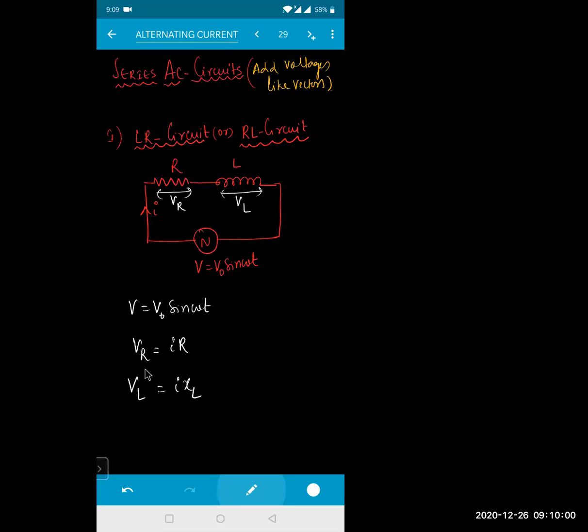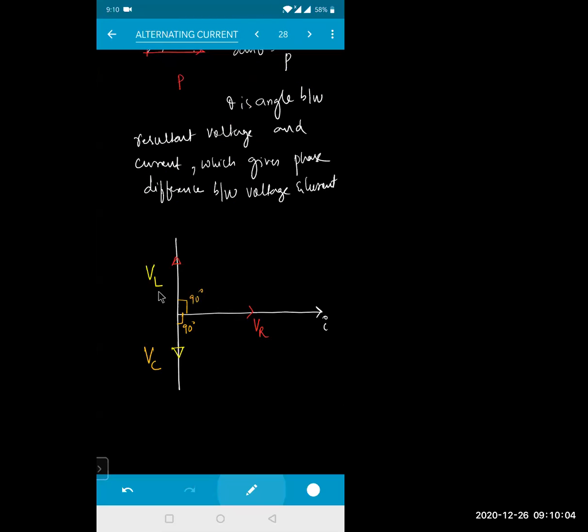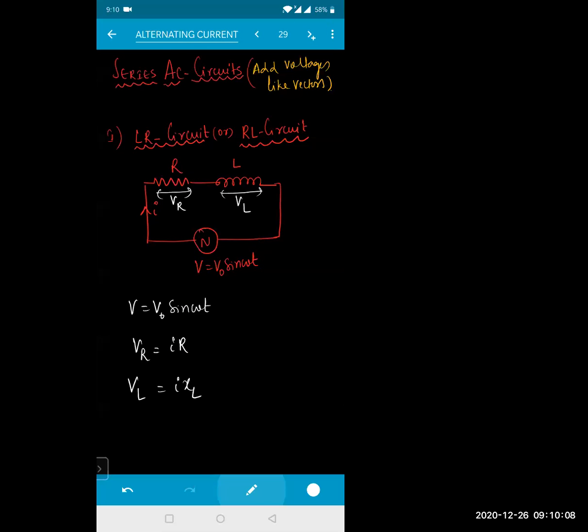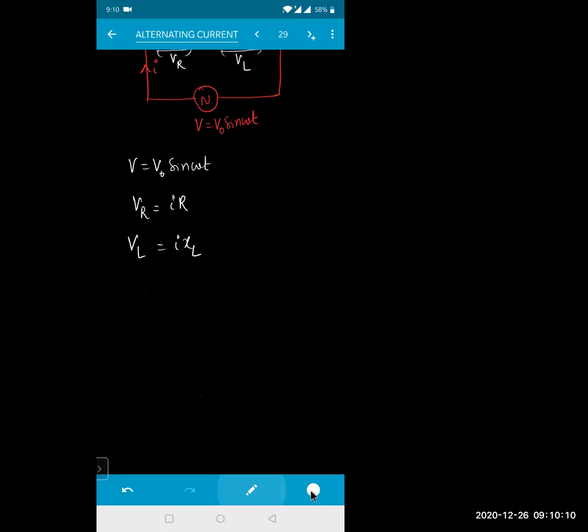Now if I write the vectors for VR and VL, VR and VL are perpendicular to each other. So the diagram for voltages will be something like this. Here is the y-axis and this is along the x-axis. This is the potential across the resistor, this is the potential across the inductor, and the resultant is given by this.